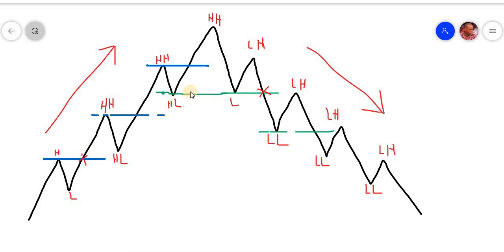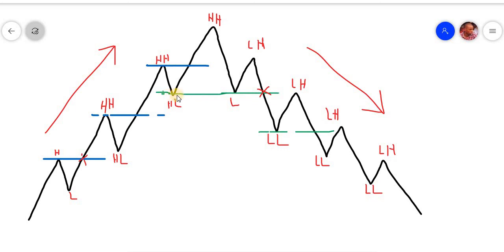Now you don't ever have a change of uptrend to downtrend unless the most recent higher low is broken to the downside. So this is the level, now broken to the downside. That is when you start thinking of a reversal of the uptrend.